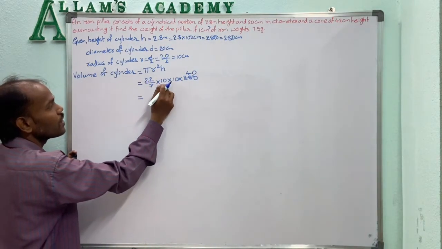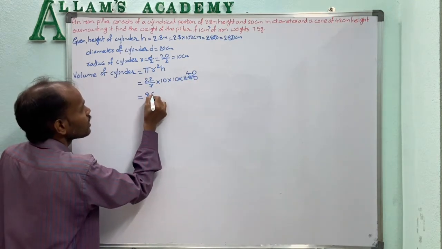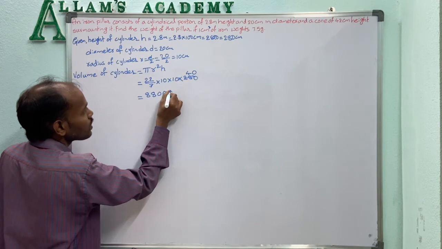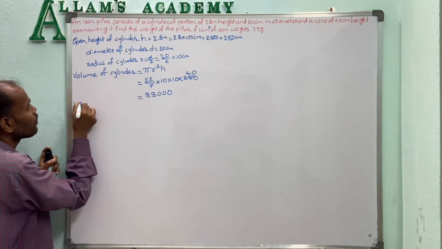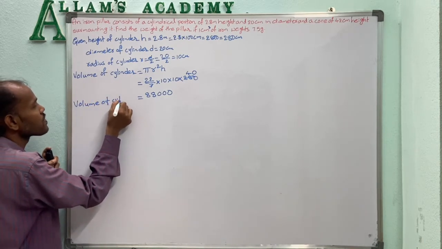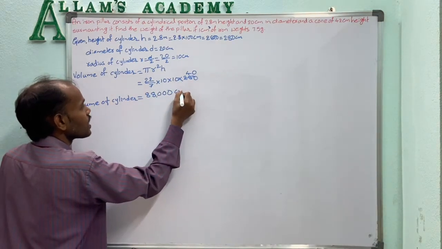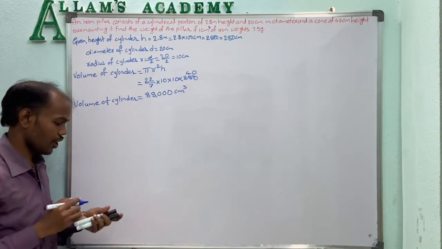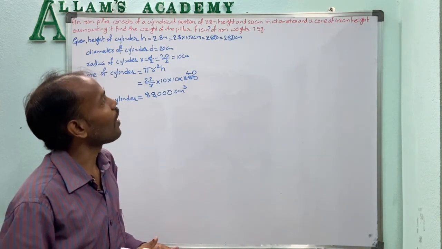So 22 into 10 into 10 into 40, that is nothing but 88,000. So volume of the cylindrical portion is 88,000 centimeter cube.